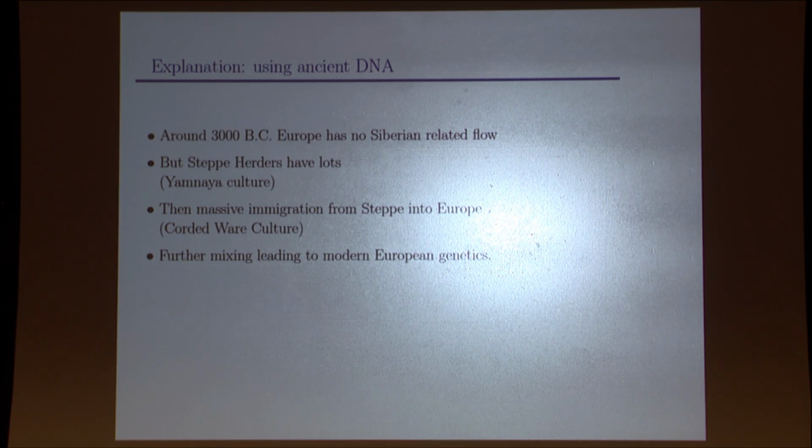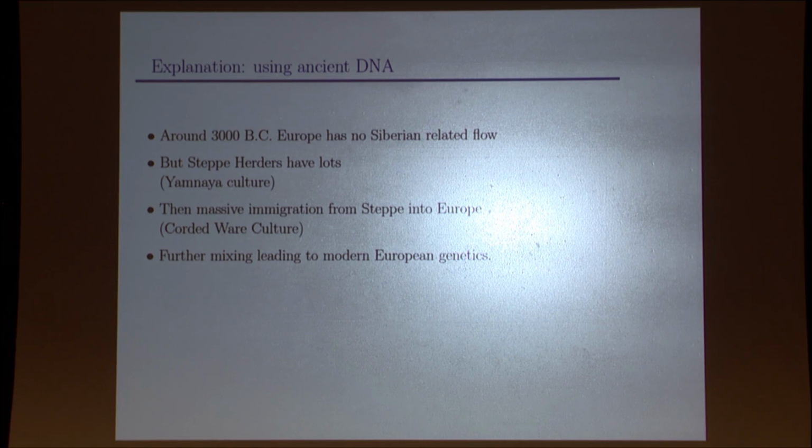But there are pastoralists on the steppe. It's a culture very well known to archaeologists called the Yamnaya. And the Yamnaya pastoralists in 3000 BC have tons of this Siberian-related ancestry. And then there's massive immigration from the steppe into Europe, happening between 2500 and 3000 BC. There's a culture all over Central and Eastern Europe called the Corded Ware, which is something like 70% steppe ancestry.